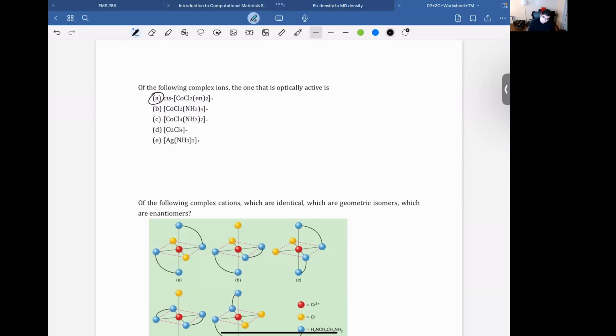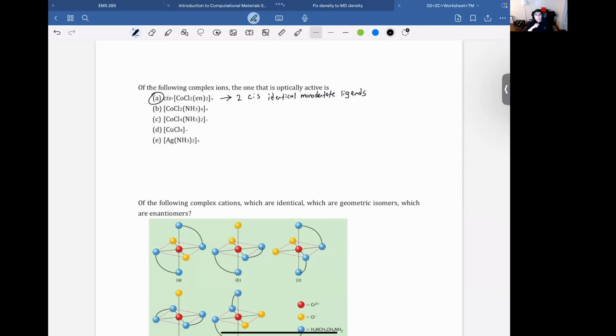And so the answer is A. You have two cis monodentate, I should say identical, ligands. So that's why that one works, and it has an optical isomer.